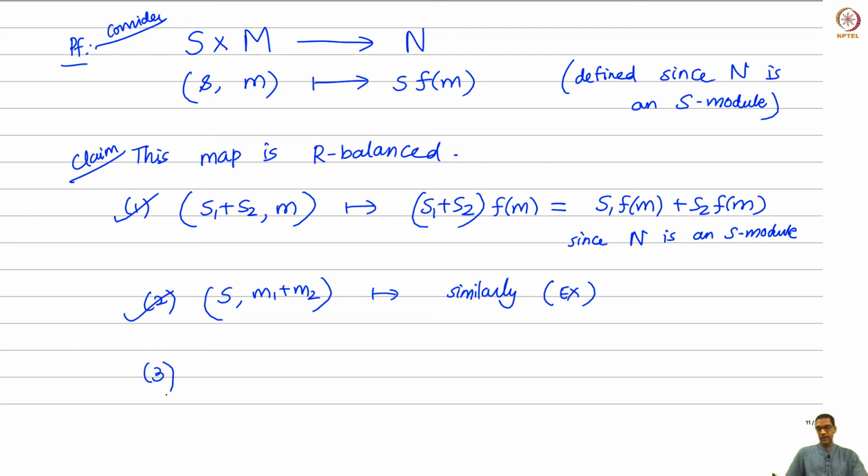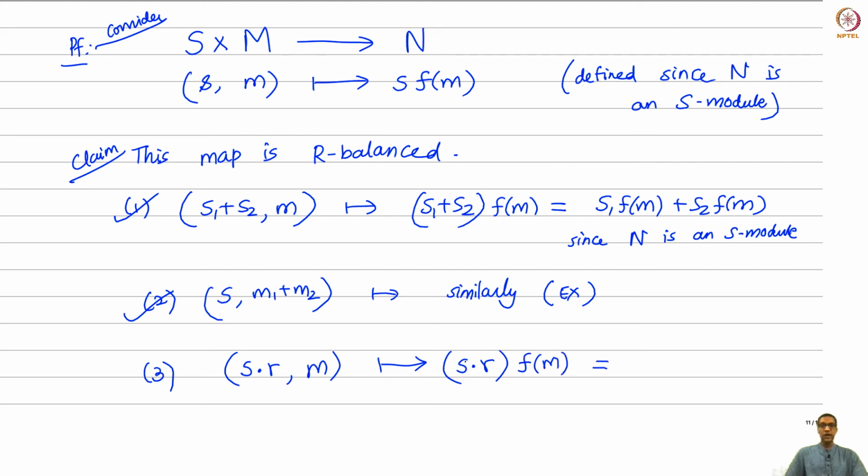Let's check the third and important axiom, which is that if I take s and act on the right by r, comma m, what does that map to? By definition, it's s acting on the right by r, times F(m), left multiplication.